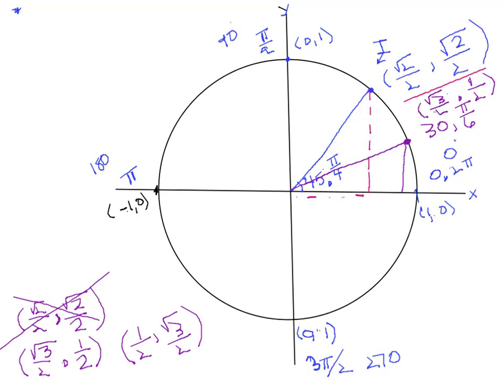Because the next point is 60 degrees, which is pi over 3, not pi over 6. Sorry. Which is bigger, the x value or the y value for the 60 degrees?